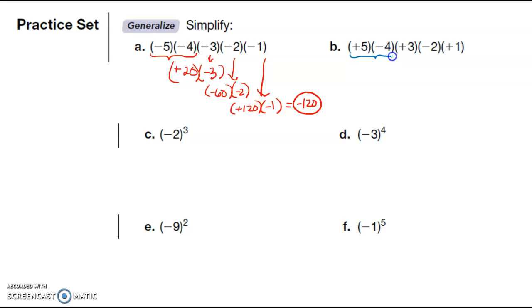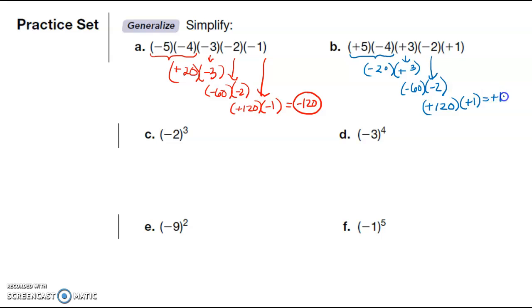Okay, and we'll do the first two. Positive 5 times -4 is -20. And we bring our positive 3 down. -20 times a positive 3 is -60. Bring our -2 down. -60 times -2 is a positive 120.